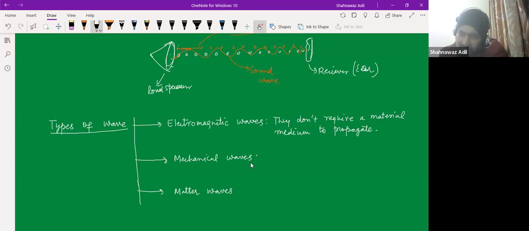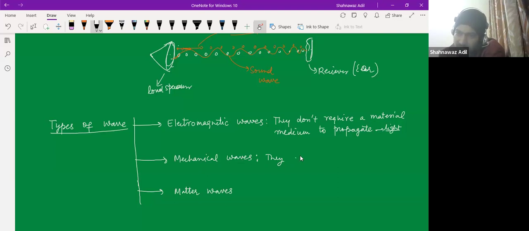And then we have the mechanical waves. What is the example of electromagnetic waves? We have light. Light doesn't require any medium to propagate, so light is one of the examples of electromagnetic waves. And then what are the mechanical waves?